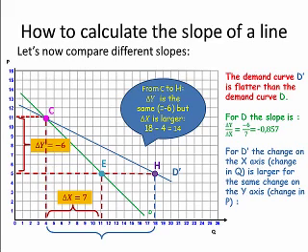On D accent, the change in y, price, is the same, equal to minus 6, but the change in x is larger. It is now 18 minus 4 equals 14, which is larger than 7, which the change in x was on demand curve D. On D accent, the slope of the line, change in y divided by change in x, is equal to minus 6 divided by 14, which is equal to minus 0,429.